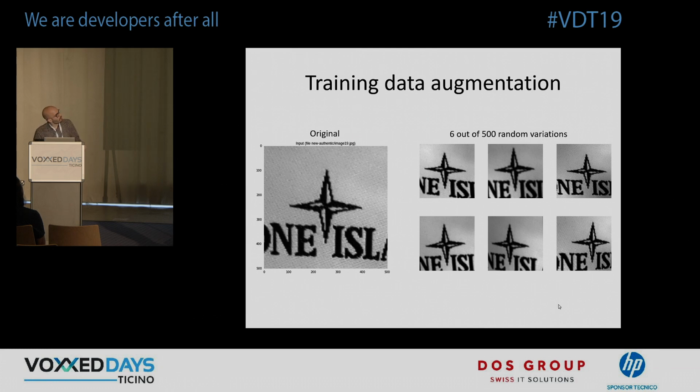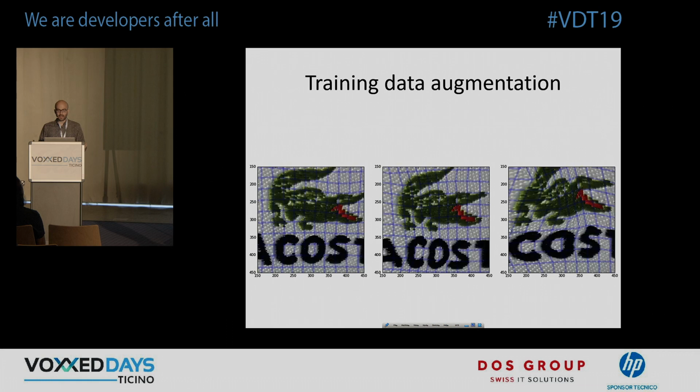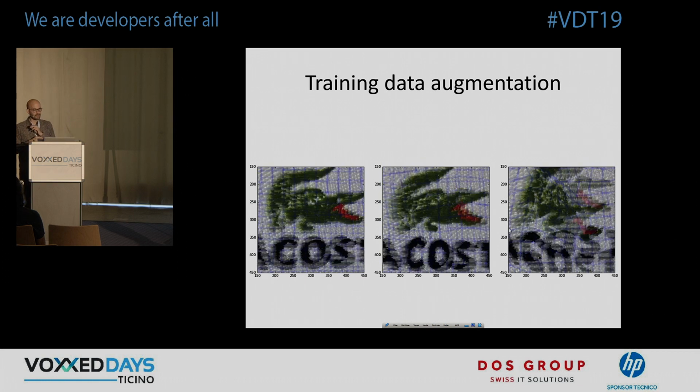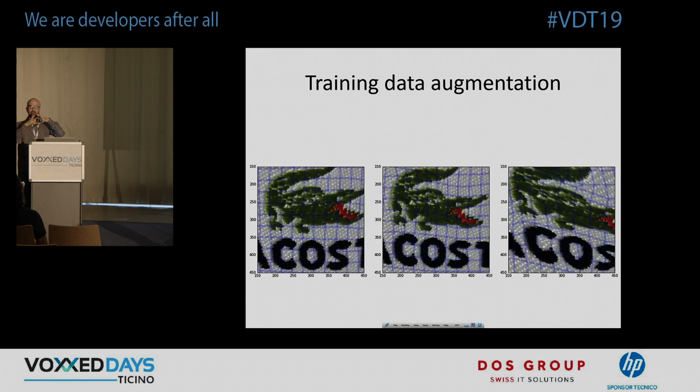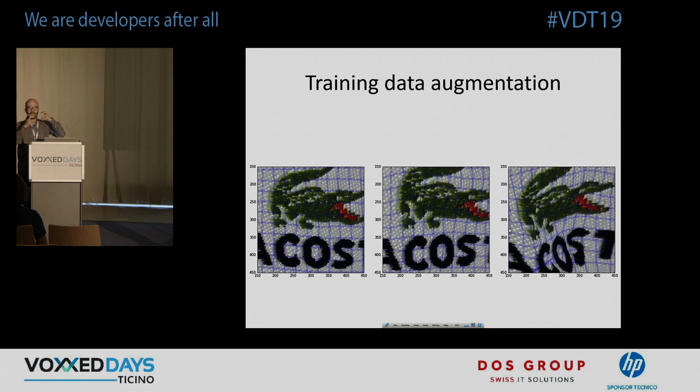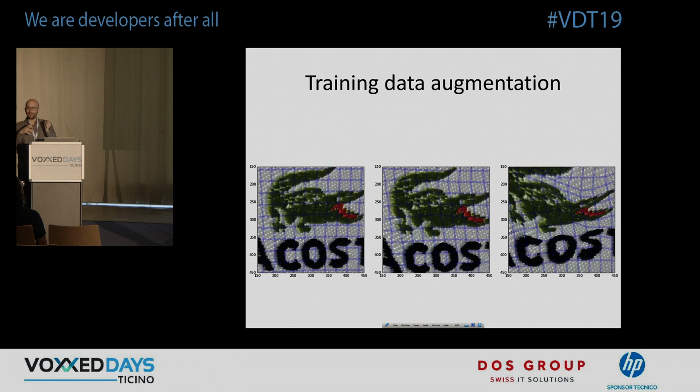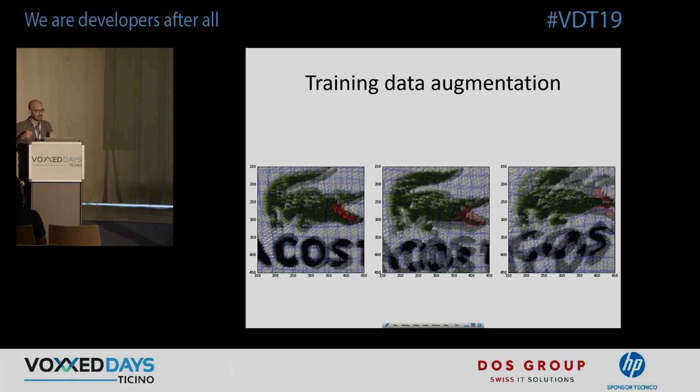I'm not sure you can notice that from the screen, but you can also change the lighting a little bit: make a side a bit darker, make a side a bit brighter. And you can also make something that is so-called elastic transformation. You can take your images and in a program virtually deform them a little bit.